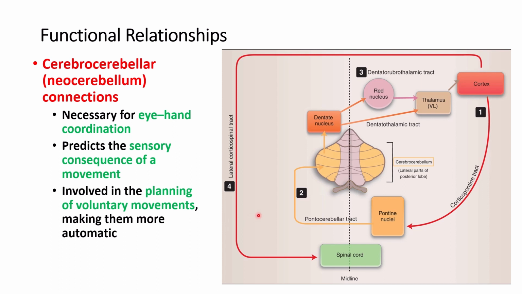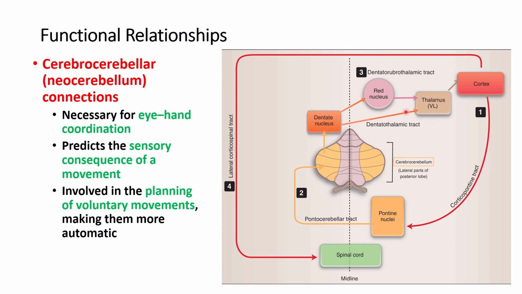If you look at it here, the cortex is sending information through the corticopontine tract to the pons. It crosses the midline, goes to the lateral zone, and from the lateral zone it goes to the dentate nucleus, and either it goes to the red nucleus, then thalamus, or it goes directly to the thalamus.